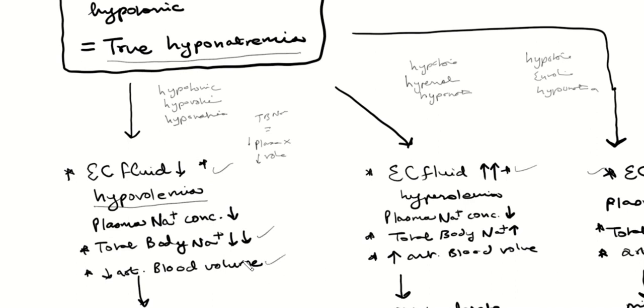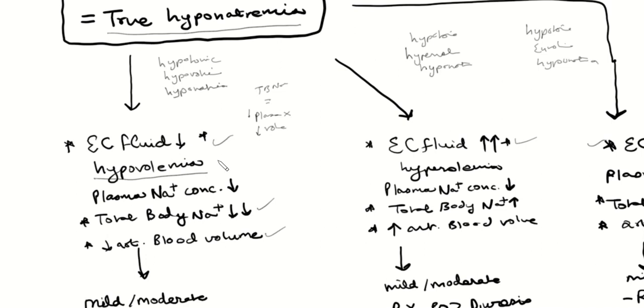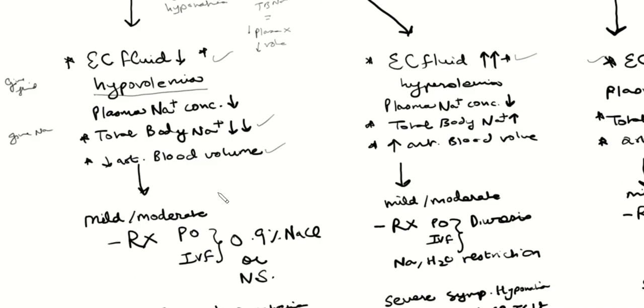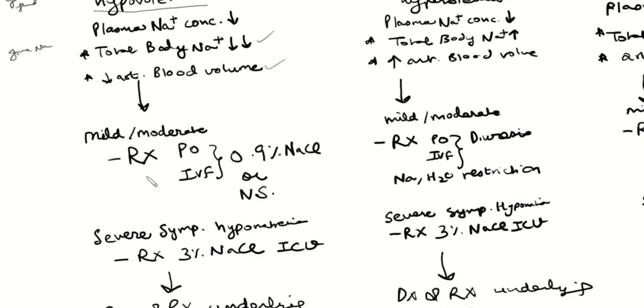So remember, what was our decision tree? If my fluid is low, I'm going to give fluid. If my fluid is low, I'm going to give fluid. And if my salt is low, I'm going to give salt. It is interesting now to look at how I'm going to do it.